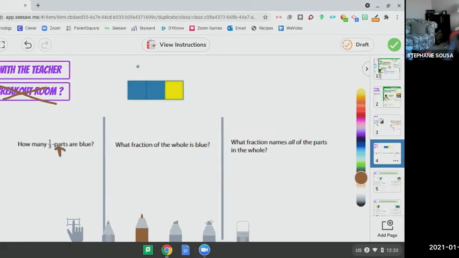When I look at this model, I can see that there are 1, 2, 3 parts. 2 of them are blue. So how many 1/3 parts are blue? 2 parts are blue.